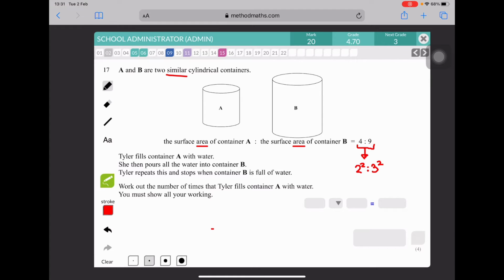So if this is our ratio which represents the area, I'm going to write the ratio up here which represents the volume. So it's going to be 2 cubed to 3 cubed. So let's say the volume of container A is 8 centimeters cubed, for example. The volume of container B will be 27 centimeters cubed.